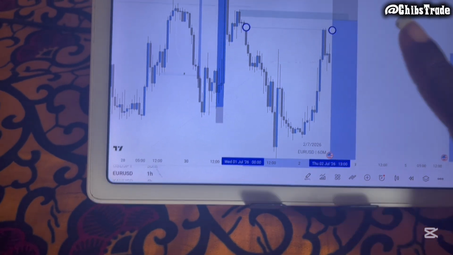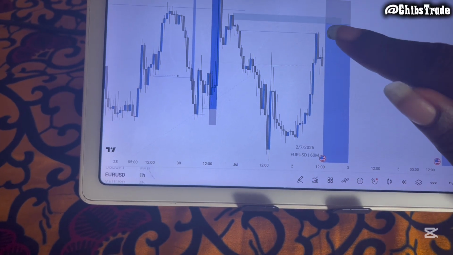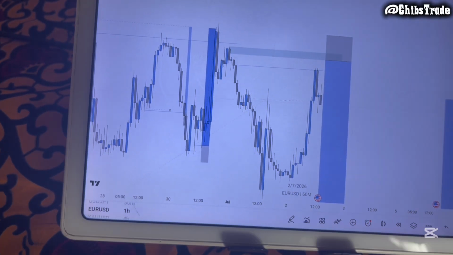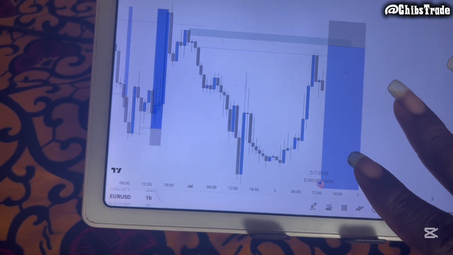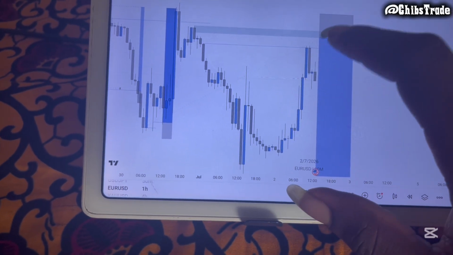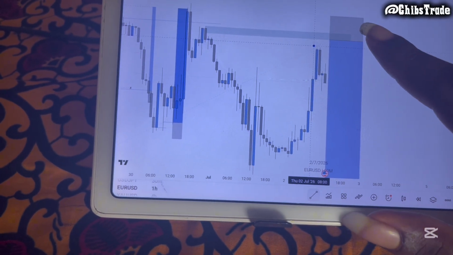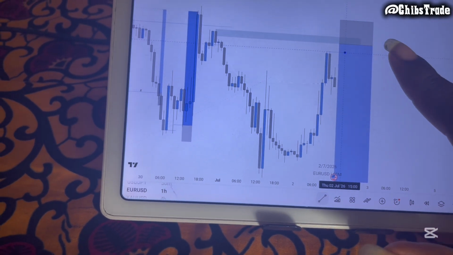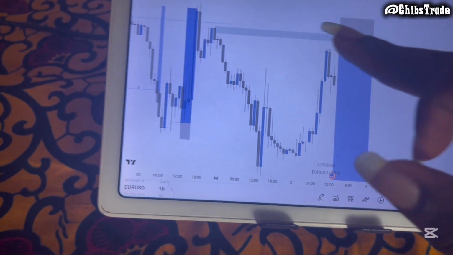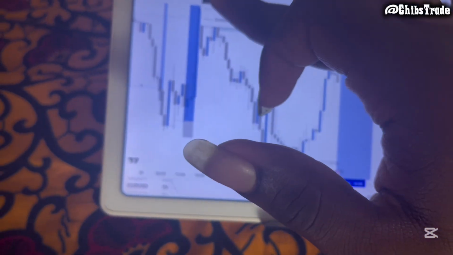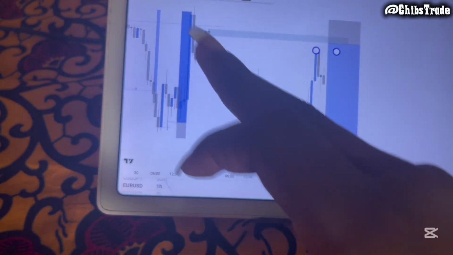This is where I got this entry first, and it has tested that red line. But I'm ignoring that, and I decided to refine this entry to here because I believe this is an engineered liquidity standing here, deceiving some sellers that are so emotional and don't want to miss their trade, stacking their sells over there.